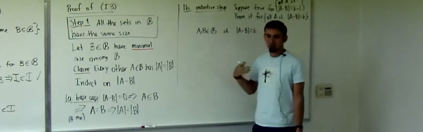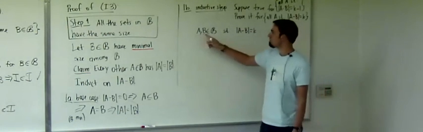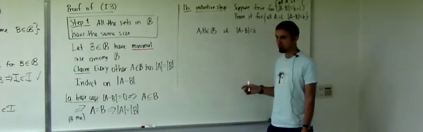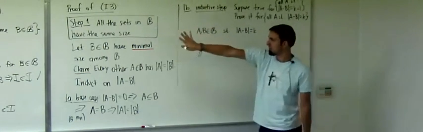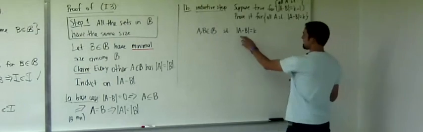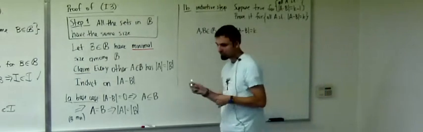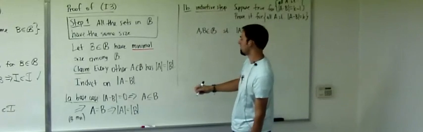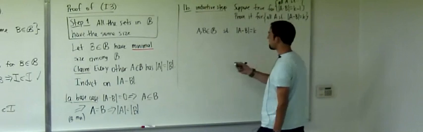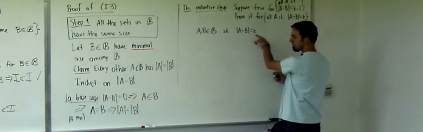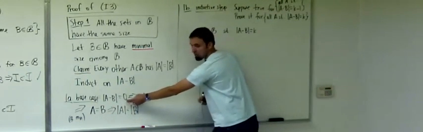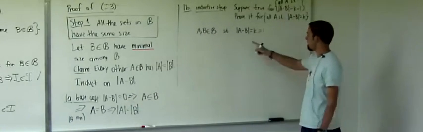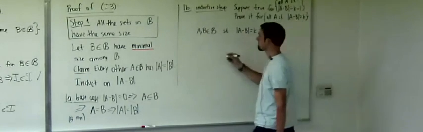It's a little annoying that I have to say A and B are in script B, but I'm not allowed to say A and B are bases. And we did the case K equals 0, so I can assume that K is greater than or equal to 1, which means that there's at least one element in there.